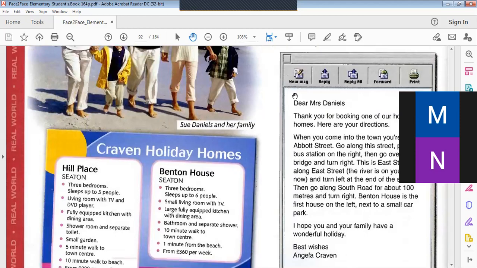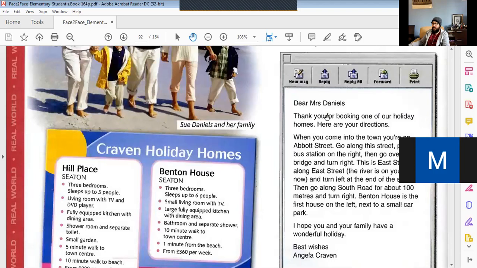Okay, so let me read the letter for you. So it starts, Dear Mrs. Daniels, thank you for booking one of our holiday homes. Here are your directions. When you come into the town, you're on Abbott Street. Go along this street, past the bus station on the right, then go over the bridge and turn right. This is East Street. Go along East Street, the river is on your right.